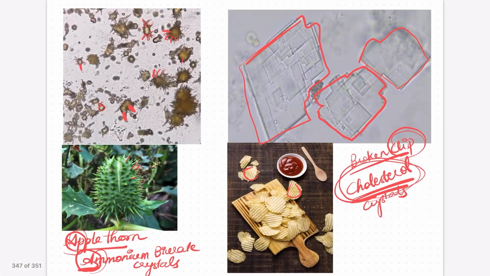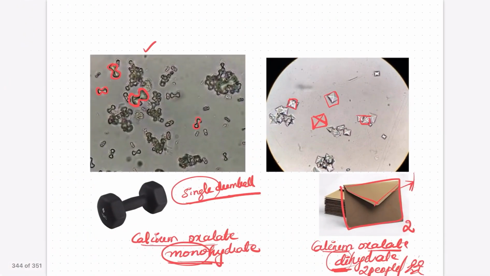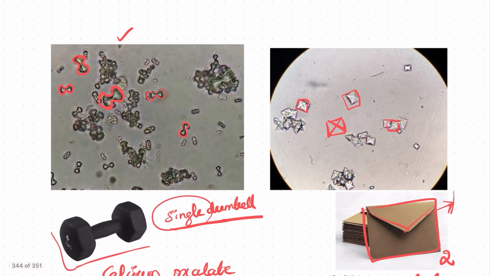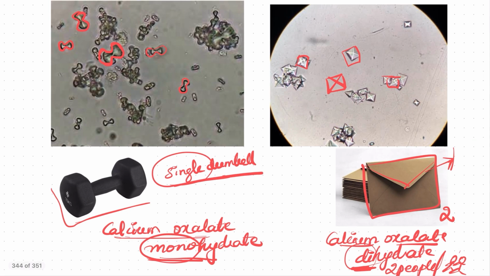If you want, we can revise it again. The first one is the dumbbell-shaped crystals, seen in calcium oxalate monohydrate. The envelope means communication between two people, two lovers, so it is calcium oxalate dihydrate.